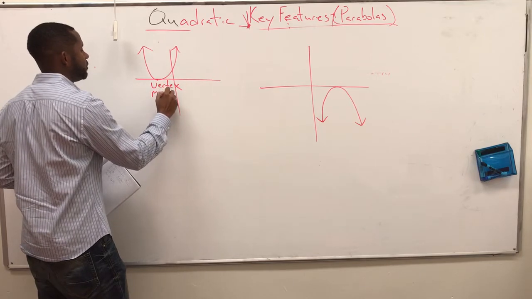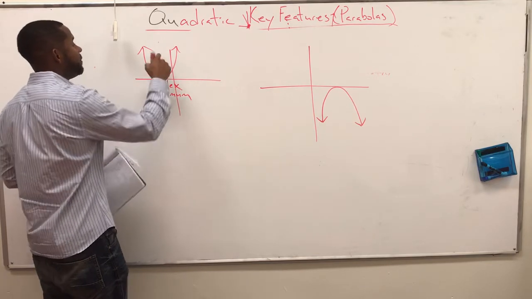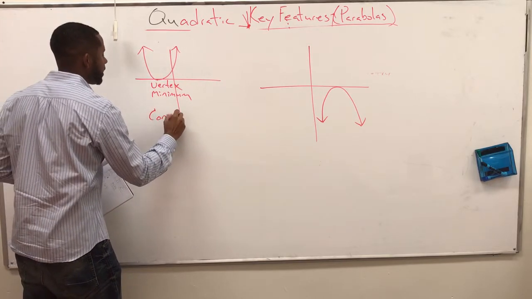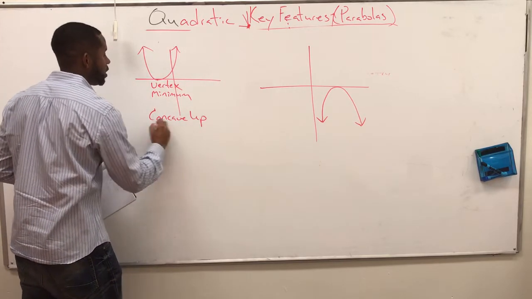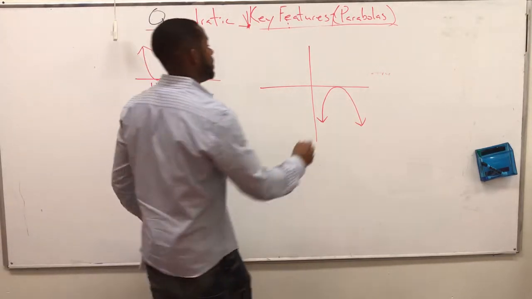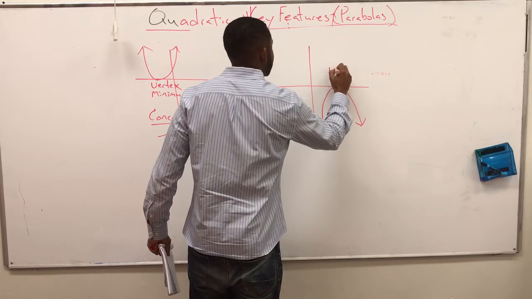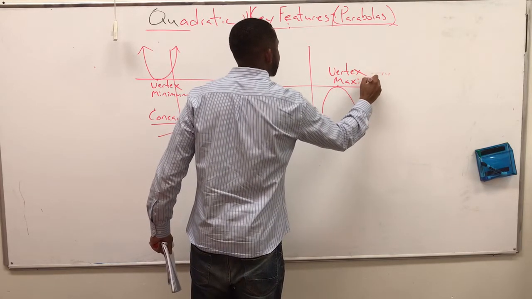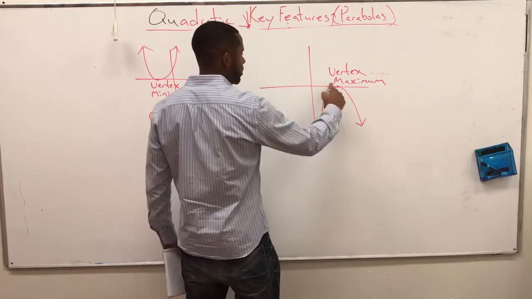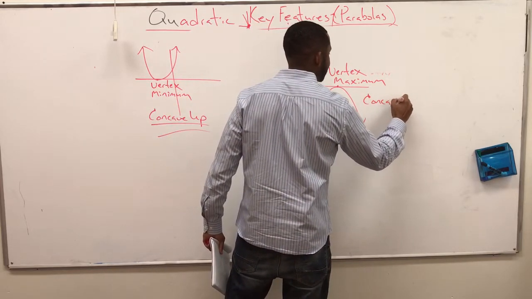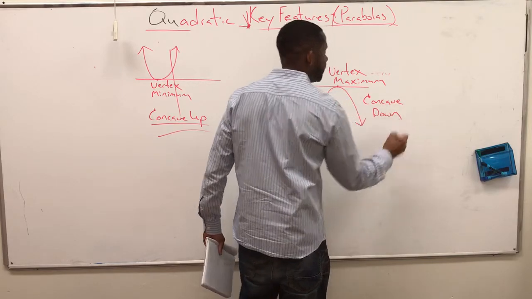It's a minimum. And the fact that it's pointing upwards is called concave up. Crazy, right? It points upwards. Concave up. This one, here's your vertex. It is a maximum. And this one, because it's pointing downwards, is called concave down.